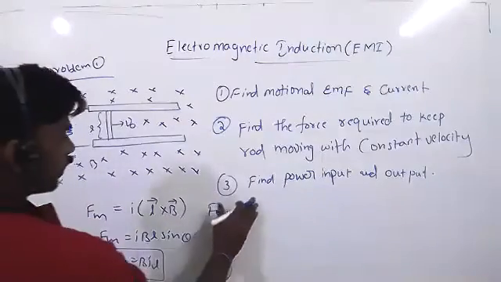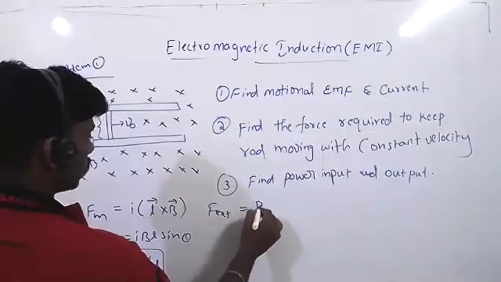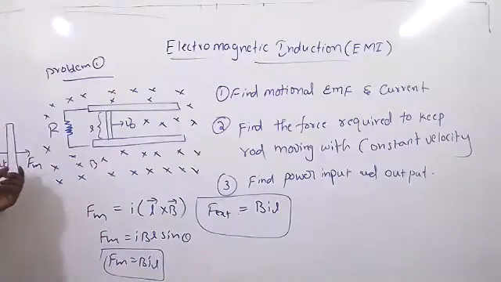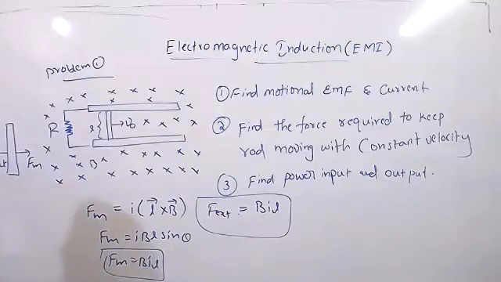So F external is equal to BIL, because both are equal but opposite in nature.